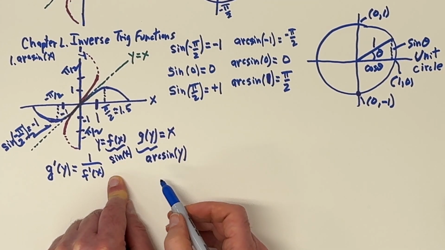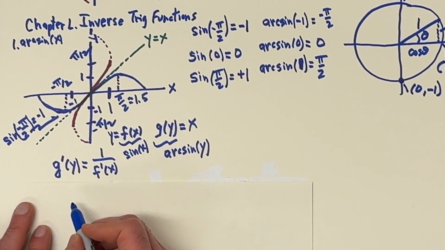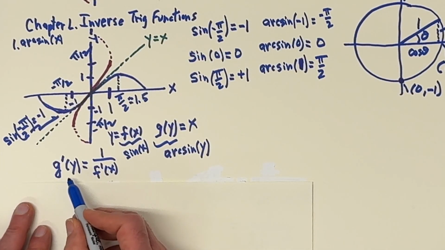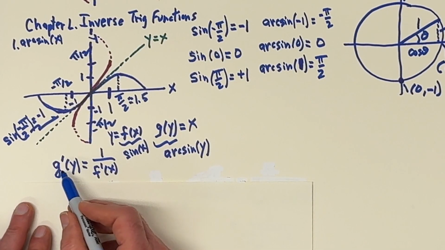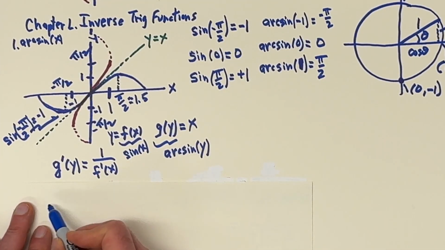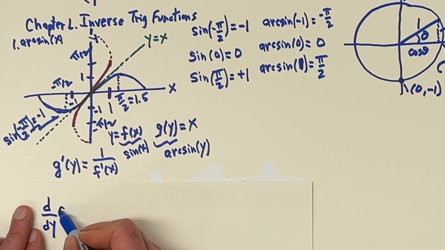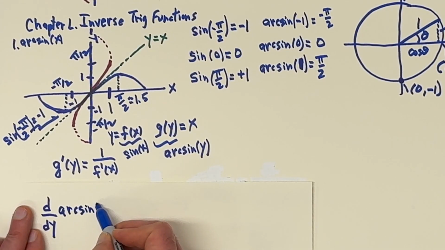So now we're ready to do the calculation. As we use this rule, we want the derivative of the g function, which is your arc sine. So the derivative, and this is going to be with respect to the argument, dy, of the arc sine of y.